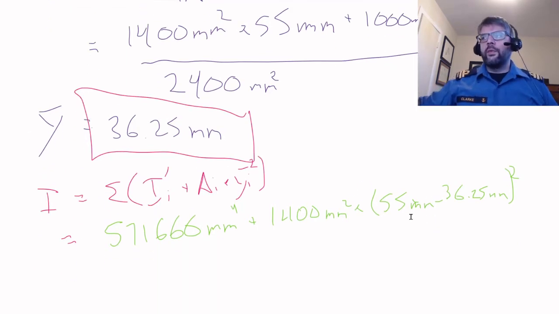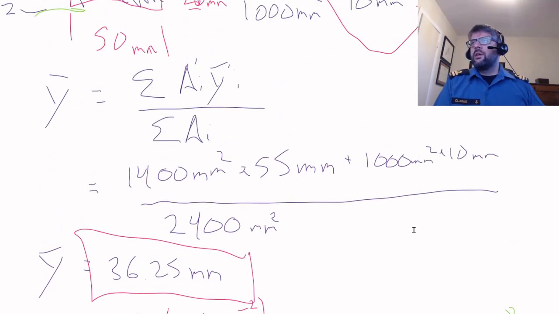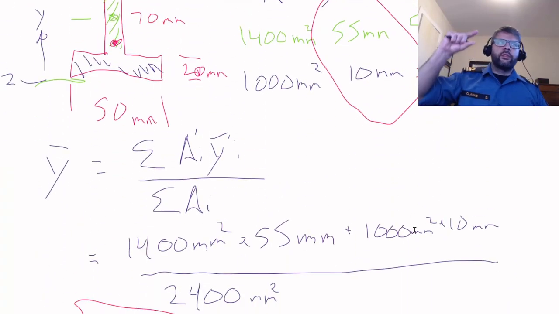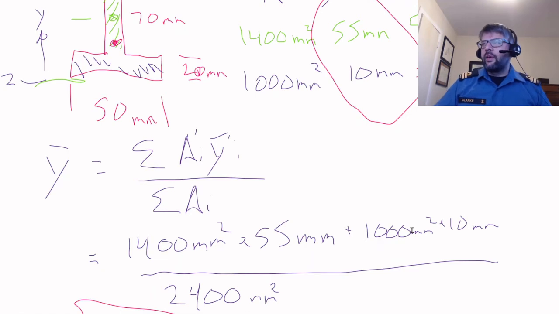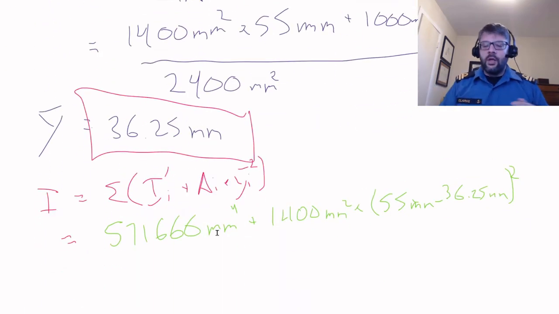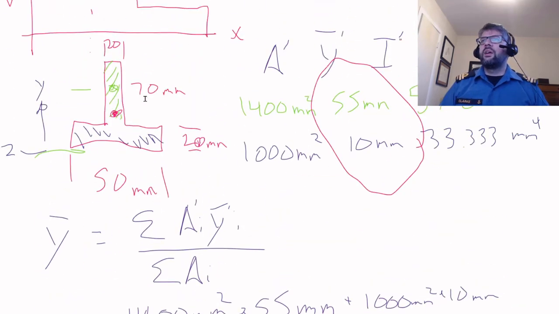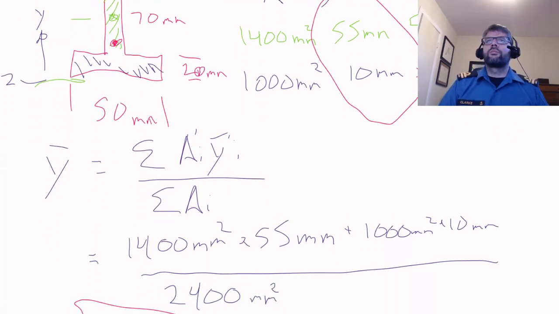Now I did 55 minus 36.25 there because that'll give us the positive displacement. Again, we're squaring it, so the order in which you subtract doesn't really matter. But strictly speaking, that would be the positive displacement from the centroid to the location of the centroid of the top of the green one.